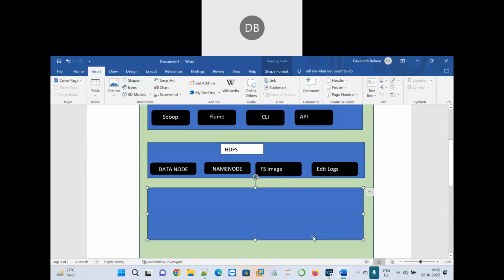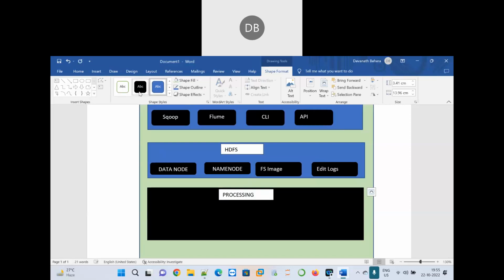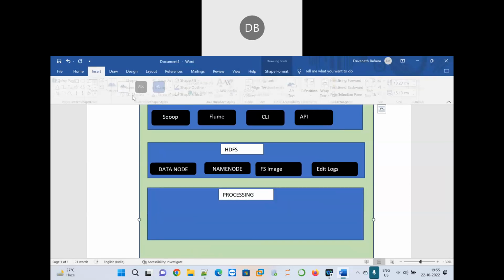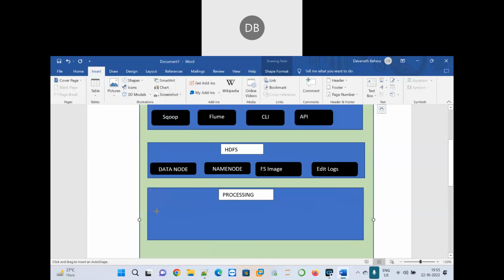This is nothing but your processing layer. Okay. Processing, what are the different tools there? Anyone? That's processing. We're going to learn.